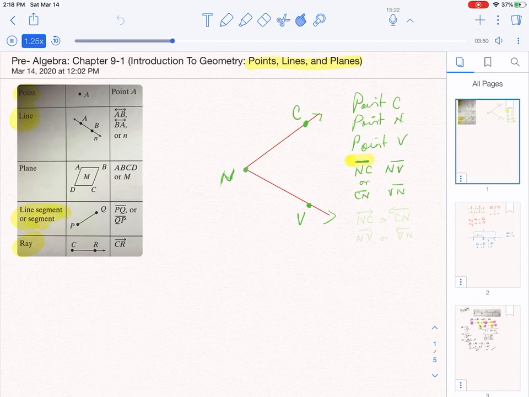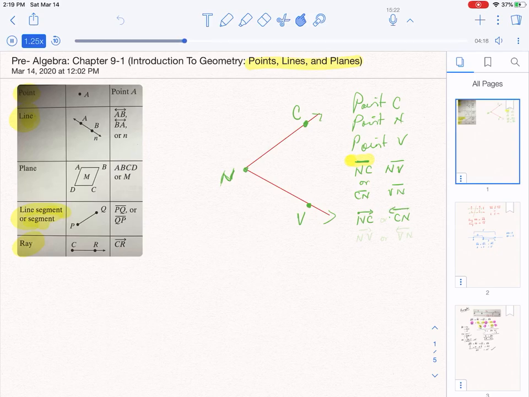Okay, I can also say ray NC. Remember, a ray has an arrow. It tells you to go from one endpoint. This endpoint is letter N. It goes in the C direction. Remember, these are two rays. If I were to say ray CN, this way I have to point in this direction.